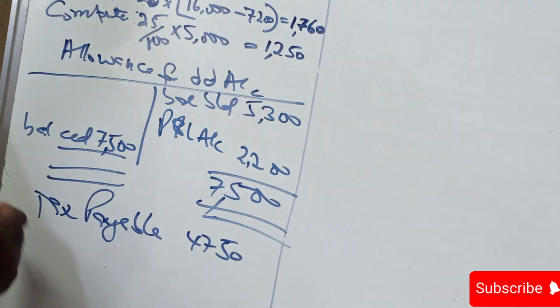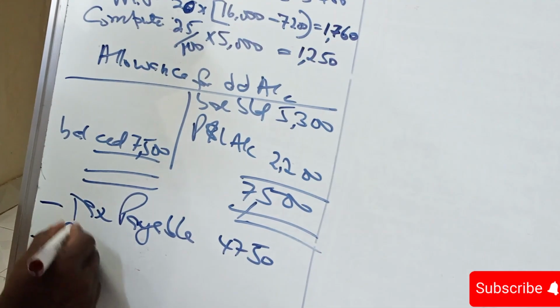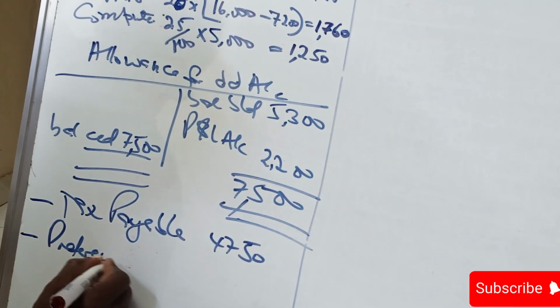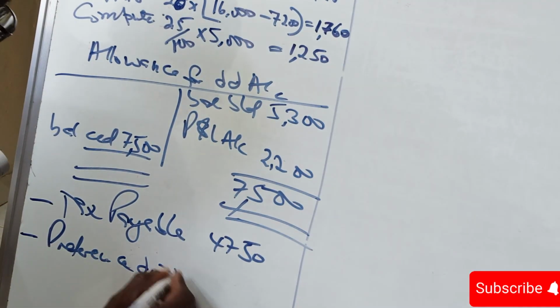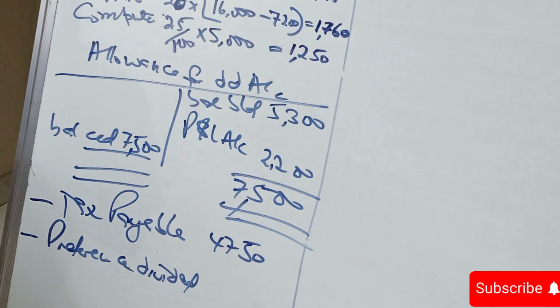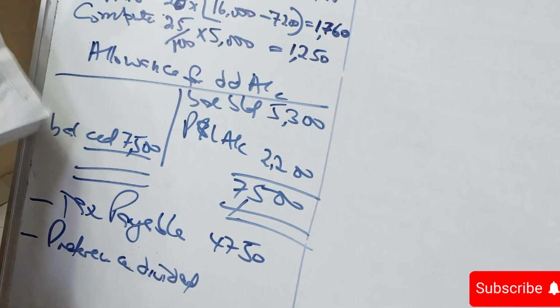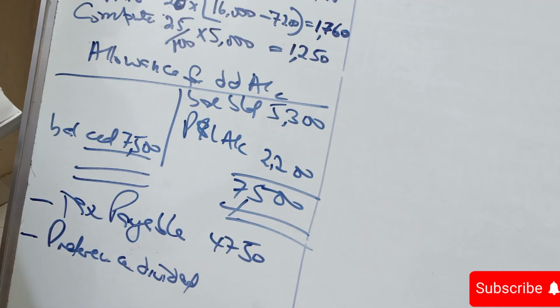Then, number 8, the directors propose to pay the remaining dividend due to preference shareholders. The rate for the preference dividend is always given at the trial balance, but the rate for the ordinary dividend is declared by the directors.